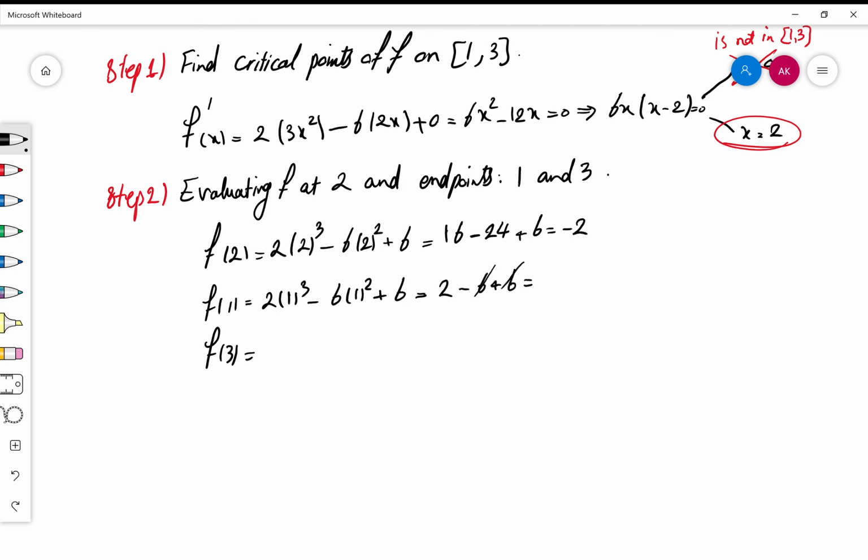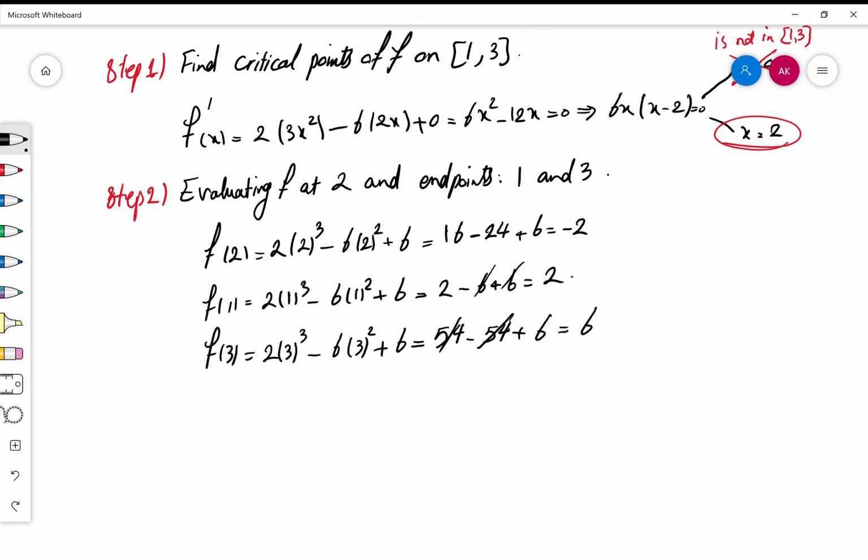These two cancel and you get 2. And the third one is 2 times 3 cubed minus 6 times 3 squared plus 6, and this is 27 times 2 is 54, and I have 9 times 6 is another 54, plus 6. So this cancels with that, we get 6.